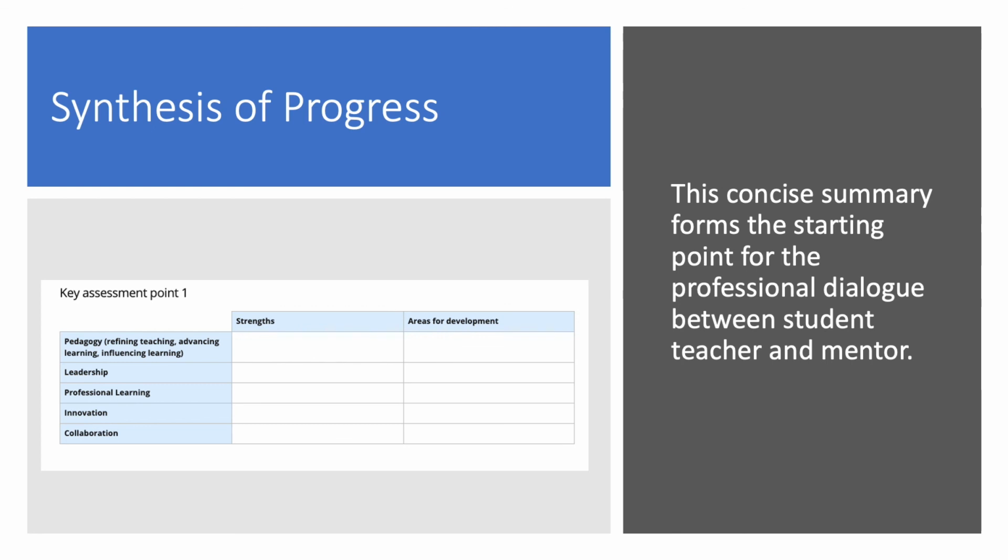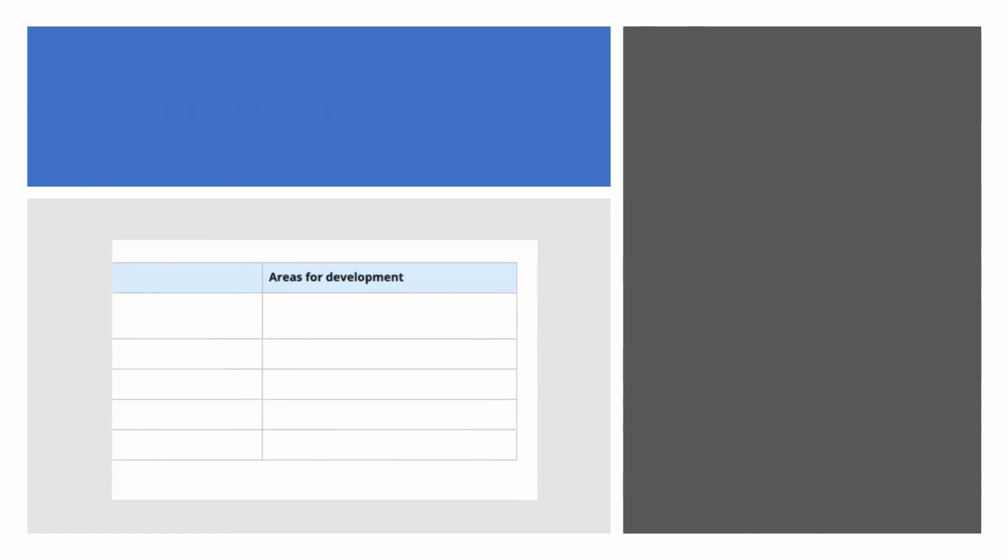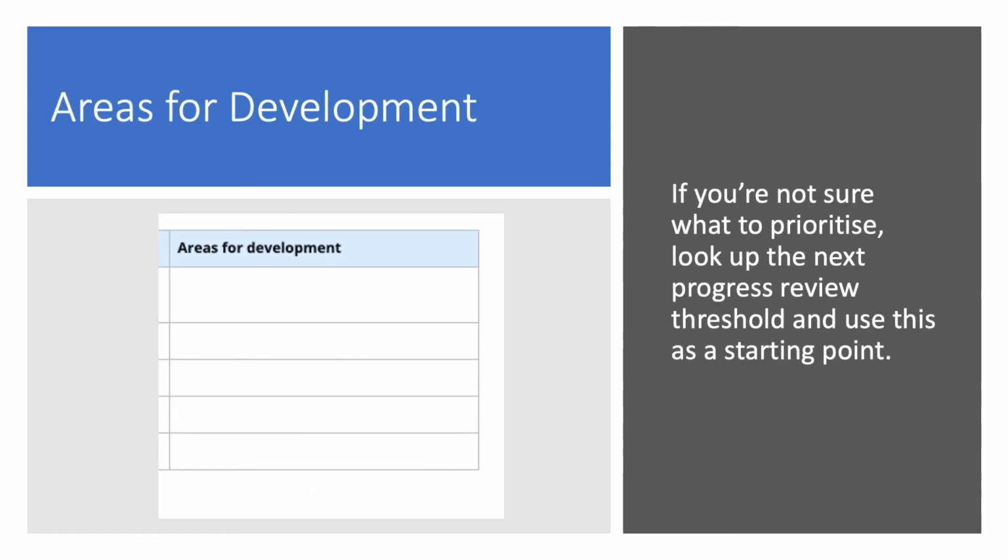Absolutely. And a note on your areas for development. When you're thinking about those areas for development, you might at an early stage in your first progress review see that you've got quite a lot of red, so it might be quite difficult to discern which standards, or which areas of the standards, are going to be most important to target for your next progress review.